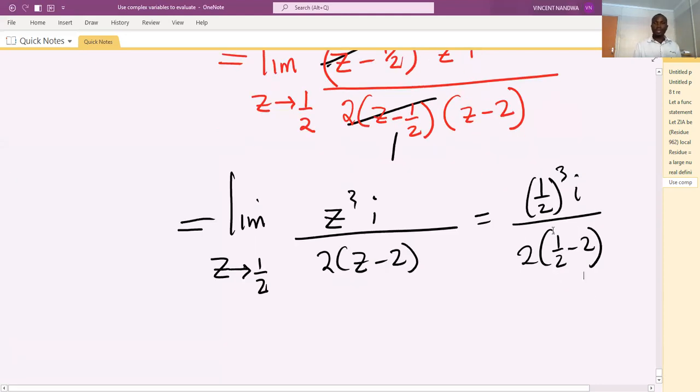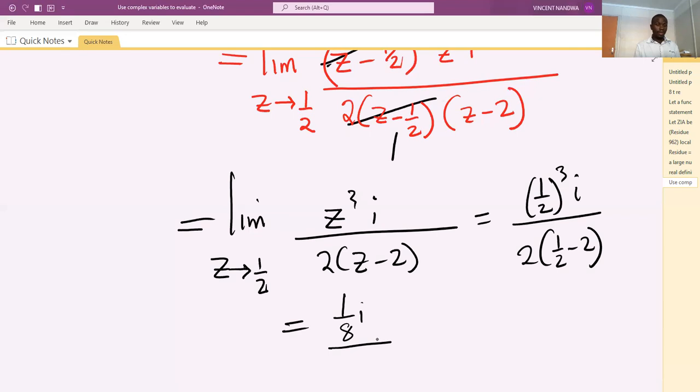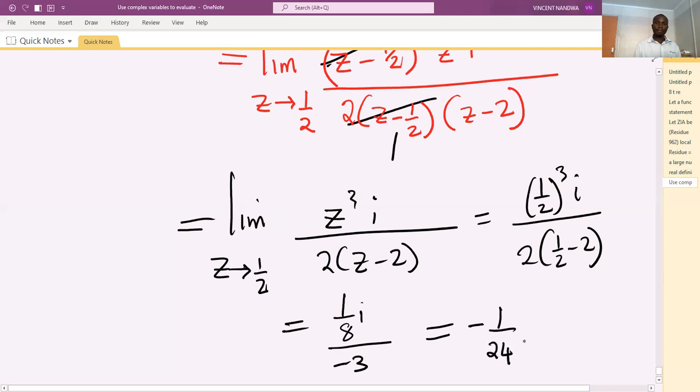A half cubed is 1/8. So a half minus 2 times 2 is minus 3. 1/8 divided by minus 3 is minus 1/24 I.